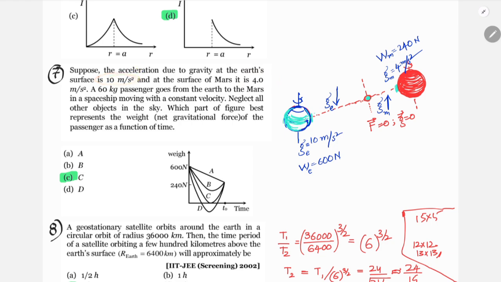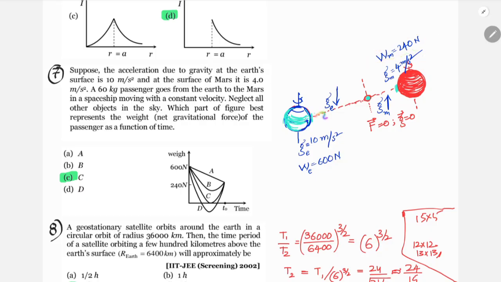On Earth it is 10 meters per second square. For a 60 kg passenger, his weight on Earth is 600 newtons, because mass into g is the weight. After reaching Mars, his weight is 60 into 4, 240 newtons.